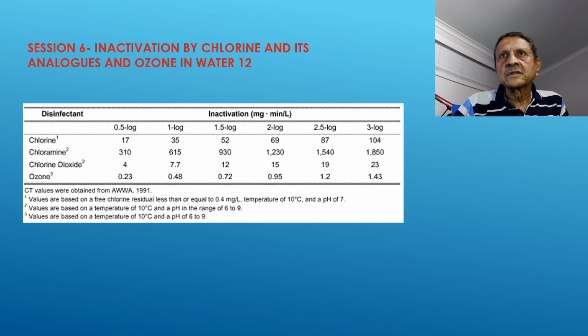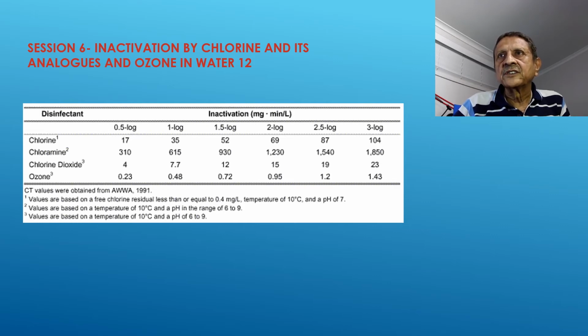So if you compare the inactivation between the three chlorine compounds and ozone, you will be able to understand which is the most effective biocide. First, you will notice that the standard value is called a CT value, which is concentration time, milligrams per minute per liter.